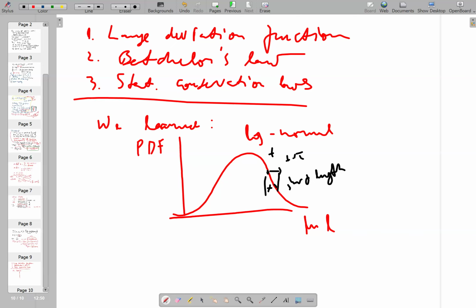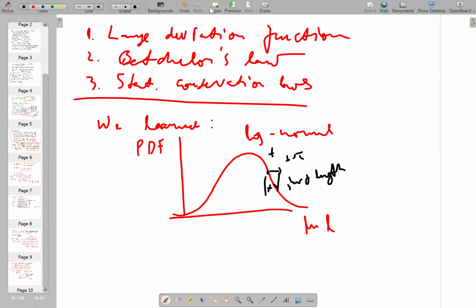Normally it goes like that, but sometimes, very seldom, something big happens and you cannot neglect it. So sometimes you want to know about those extreme events. And the main important departure from log normal happens at the tails of this distribution.